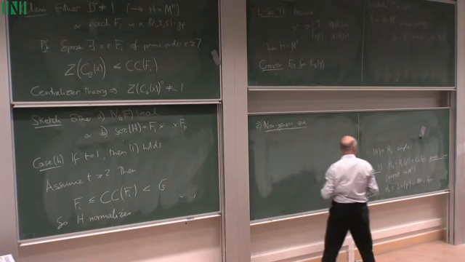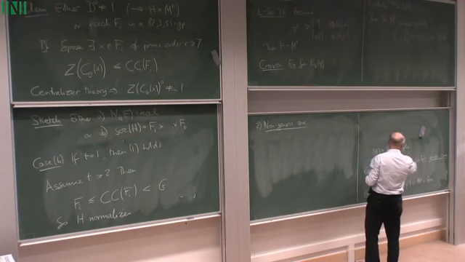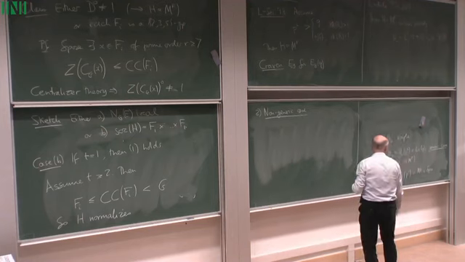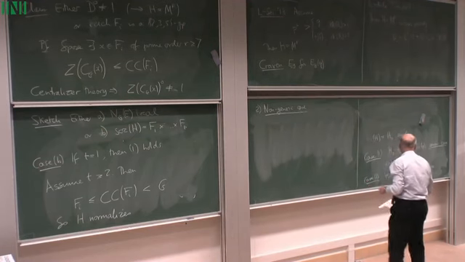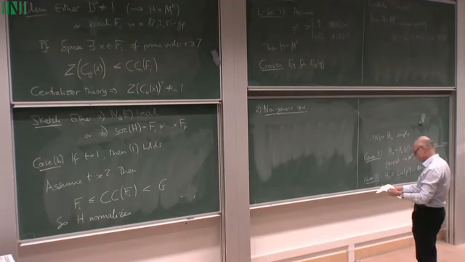Okay, so here our maximal subgroup H0 is either of Lie type in characteristic not p, or alternating, or sporadic.